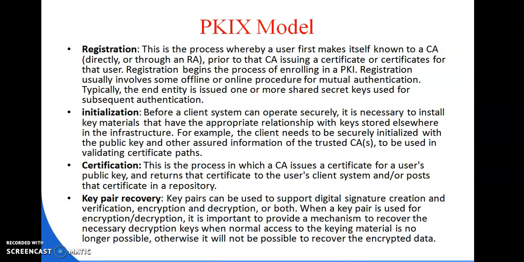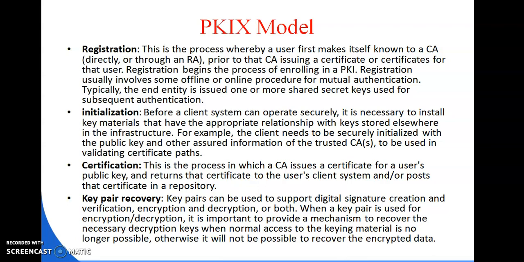This is the process whereby a user first makes itself known to a CA, or certificate authority, through an RA, registration authority, prior to the CA issuing a certificate for that user. Registration begins the process of enrolling in a PKI. Registration usually involves some offline or online procedure for mutual authentication.